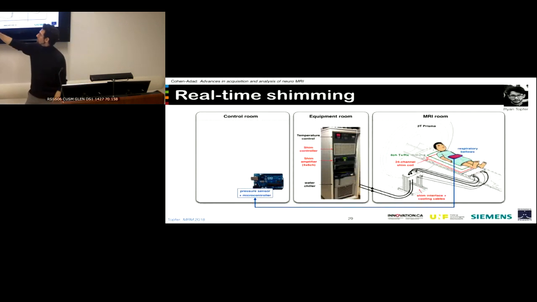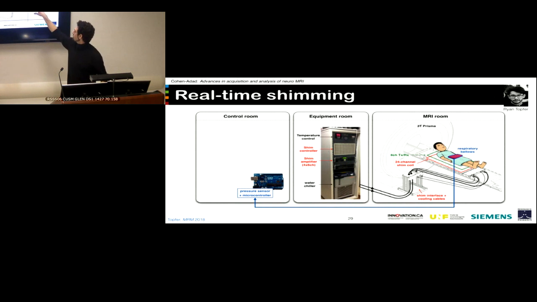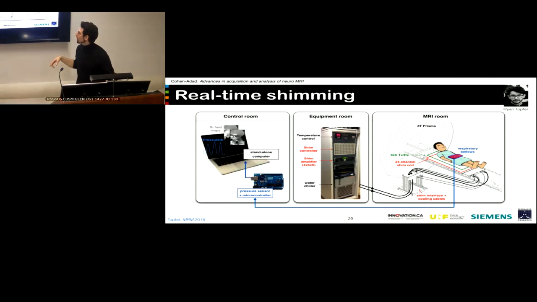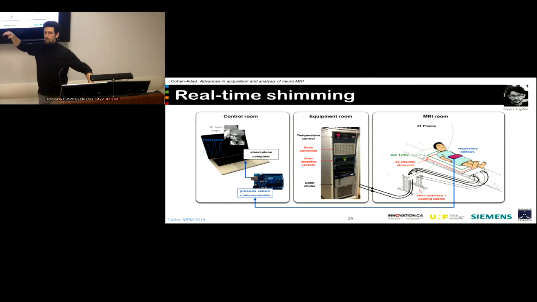In the control room, Ryan sits there, and he receives information in real time from the patient's respiration. We built an absolute pressure respiratory bellow that is connected to an Arduino. This Arduino connects to the laptop, so in real time he has access to the respiratory trace.